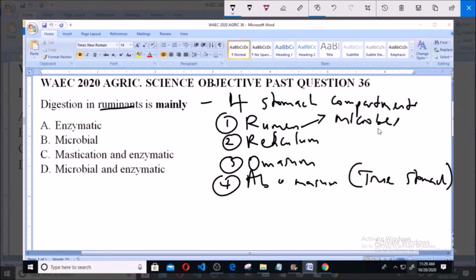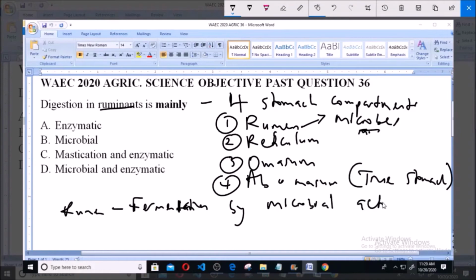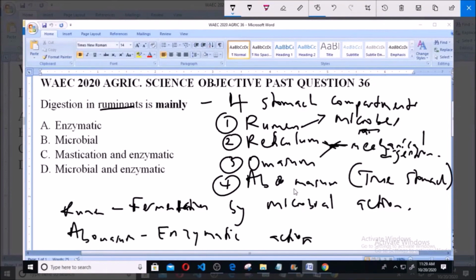So it undergoes fermentation by microbial action, by the action of the microbes present in the rumen. The abomasum is like the stomach of non-ruminant animals. So this is the reason why it is known as the true stomach.